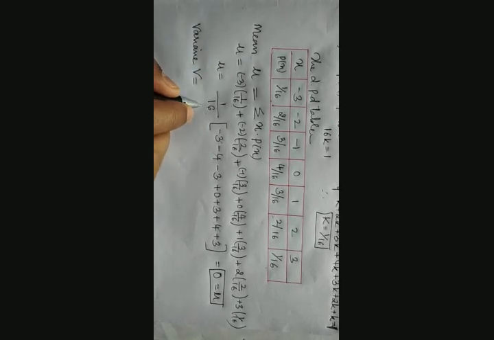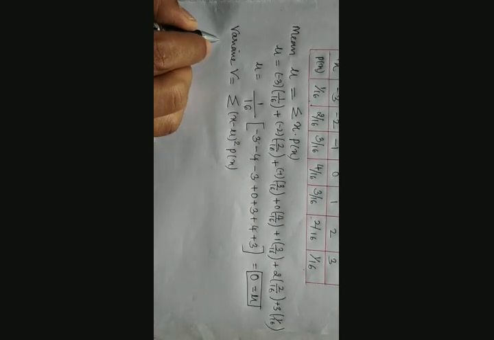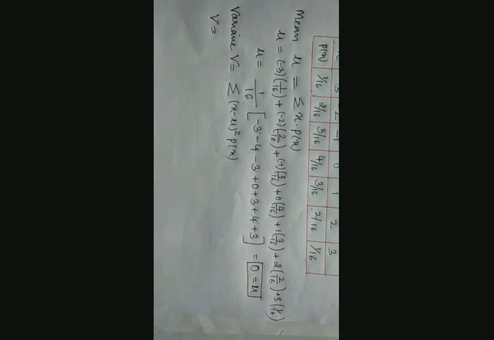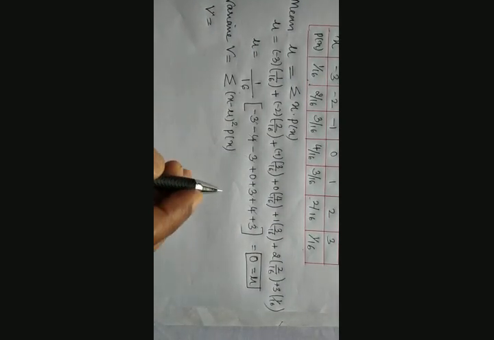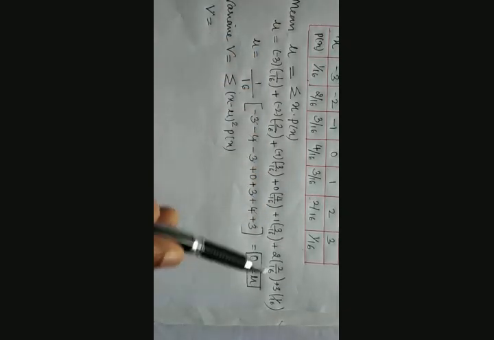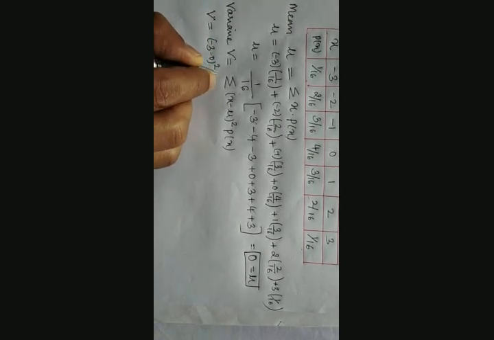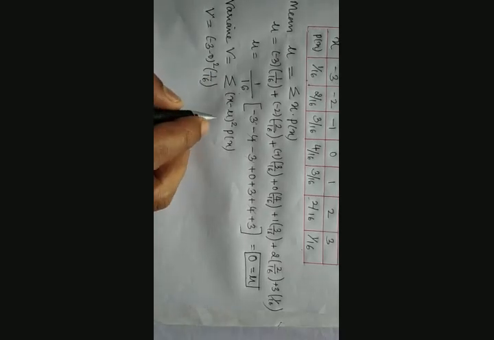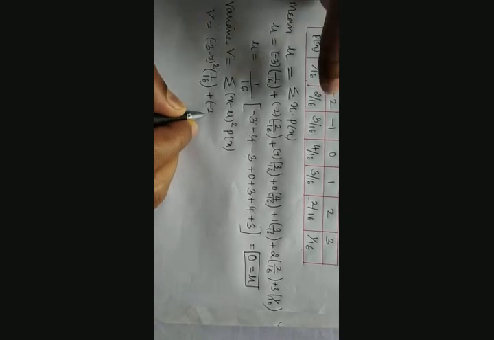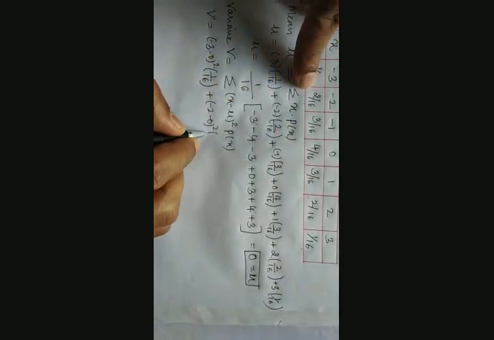Variance V. What is the formula to calculate variance? Summation of x minus mu square into p of x. This is the formula. Let us calculate this. V is equal to x minus mu. X is this row and mu is 0. Therefore, it becomes minus 3 minus 0 the whole square into 1 by 16 plus minus 2 minus 0 the whole square into 2 by 16.